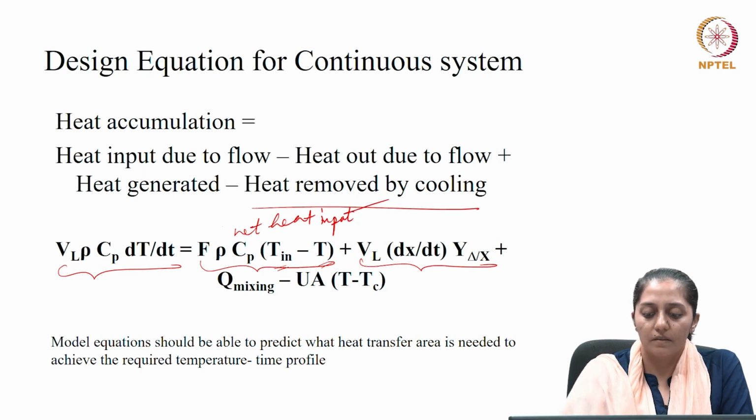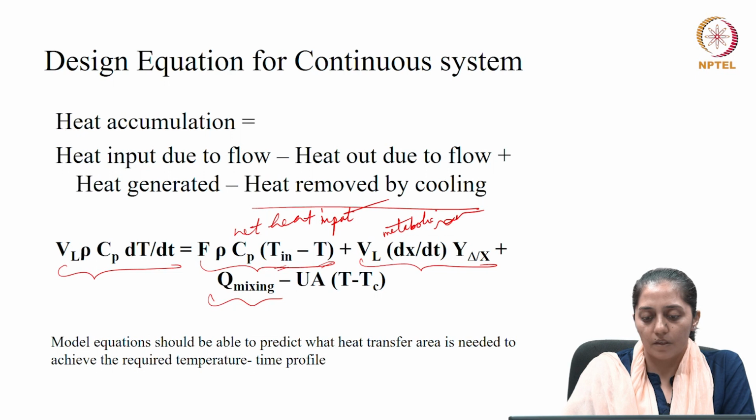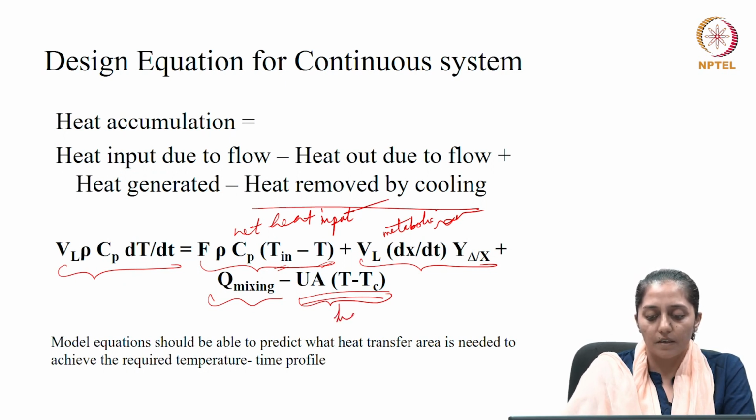This is the heat generated due to metabolic reactions or cellular growth. Q mixing is also a part of heat generated, and then heat removed due to coolant is governed by the last term given here. So, this is heat removed by the coolant.